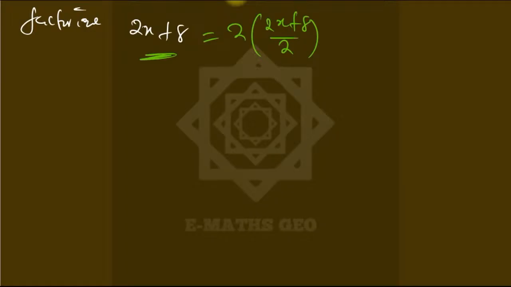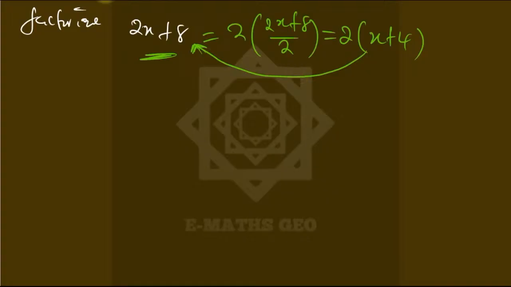So to factorize means bring out the common factor, then the remaining terms inside, you divide by that common factor. So 2x over 2 is x, and 8 over 2 is 4. If you expand the bracket, because expansion is the opposite of factorization, we'll still get back this.